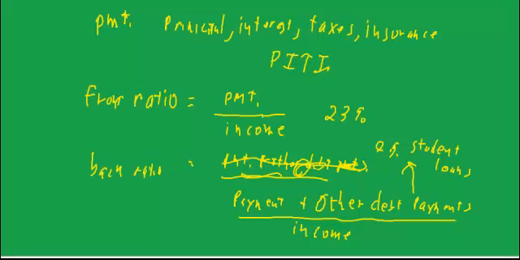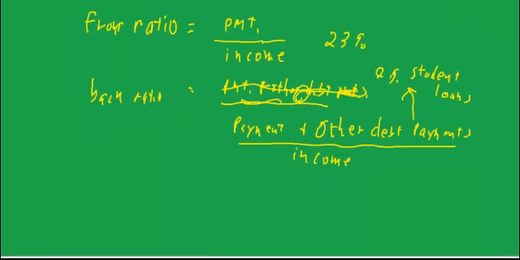And so, for example, student loans would be in that category, or car loans, things like that. And so the back ratio, I guess a traditional limit was something like 28%. So if you added in the other debt payments and the monthly payment, it was more than 28%, then maybe the person couldn't afford the house.